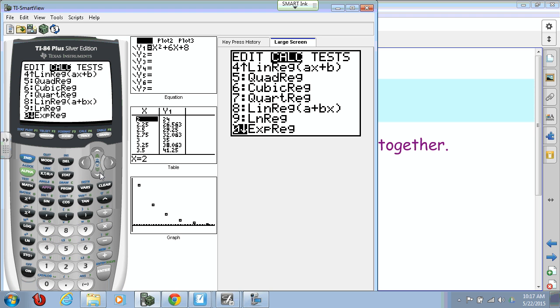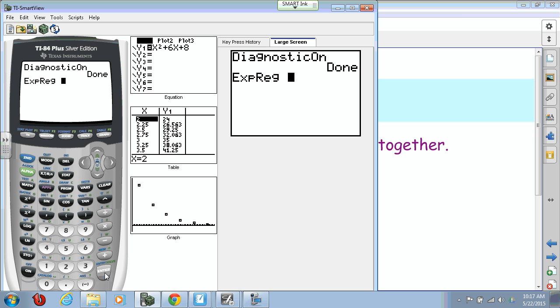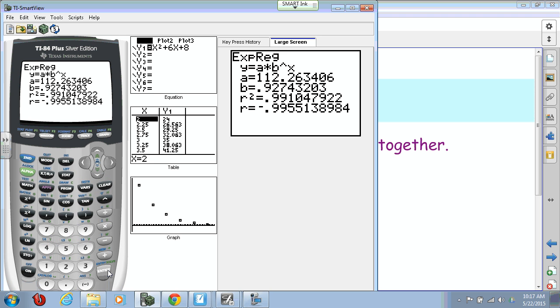So let me show you. Go to number 0, exponential. Press enter twice. Look at what the calculator gives you. The calculator will say to you, hey student, here's the general equation for an exponential function. Y equals a times b to the x power. You've seen that. Guess what? Here's your a value. Here's your b value. And then you're like, what the heck are these R things?